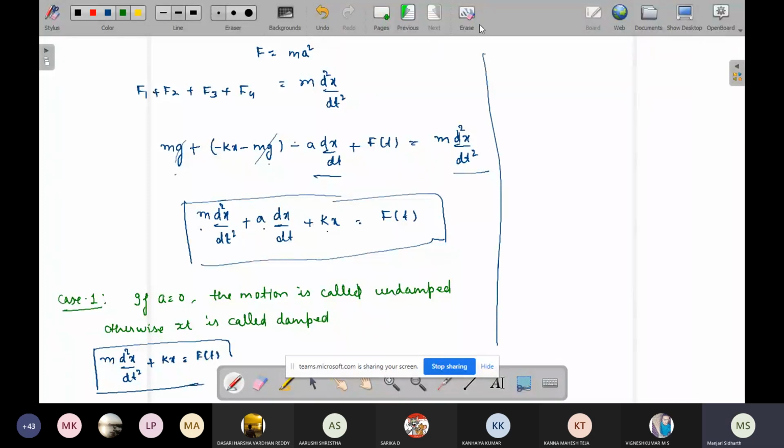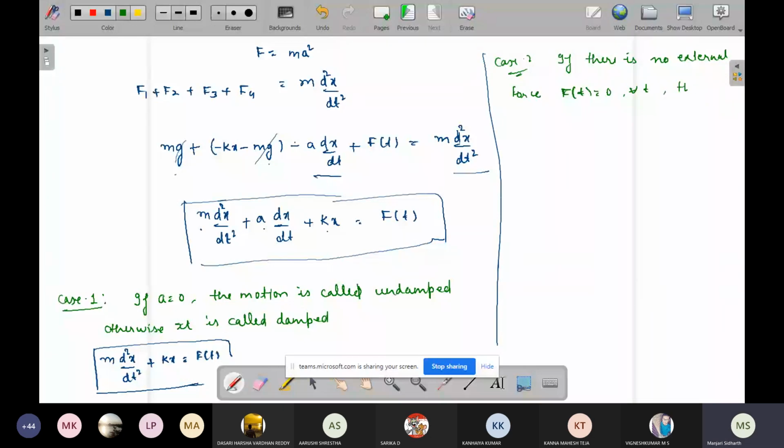Now case 2, if there is no external force, that means f(t) is 0, right? And that is for all t.